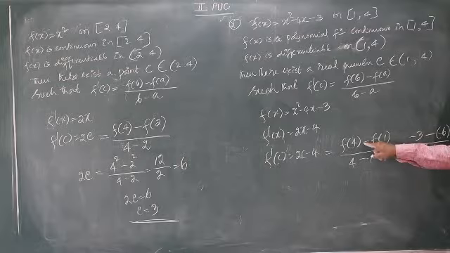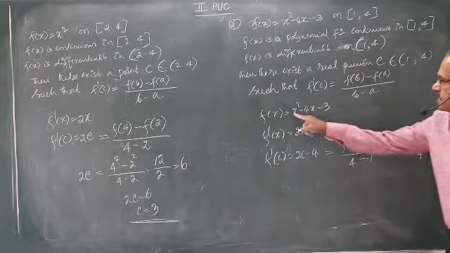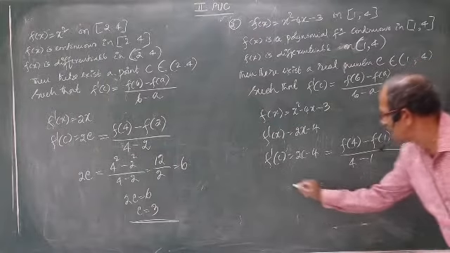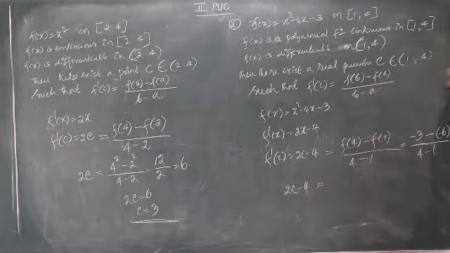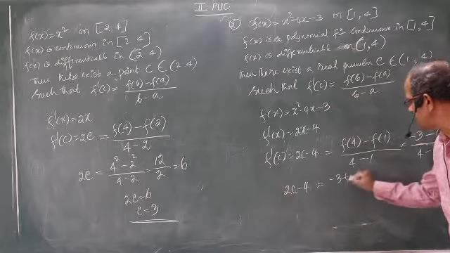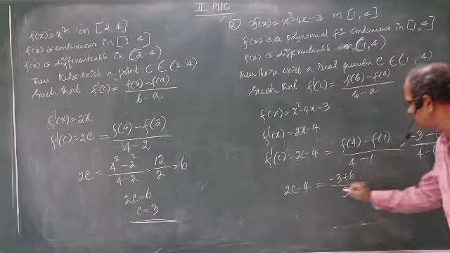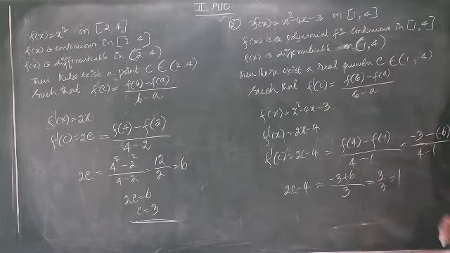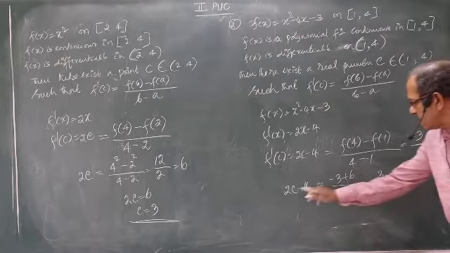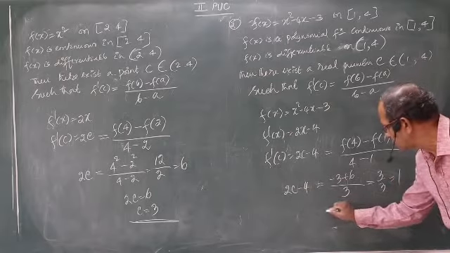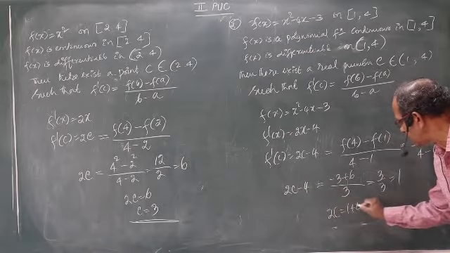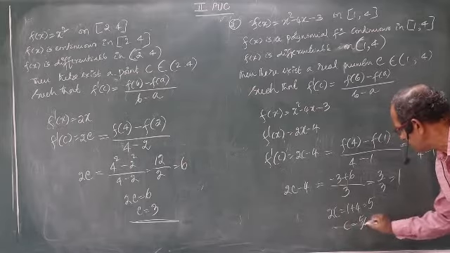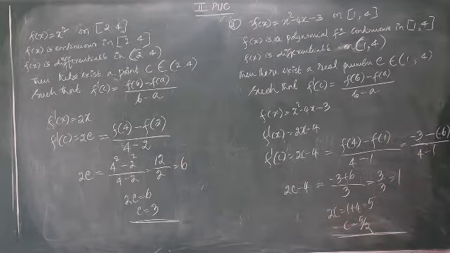Minus this minus, f of 1 is once again minus, remember. So total it is like this: 2c minus 4 equal to minus 3 plus 6 divided by 3, or 3 by 3, 1. 2c minus 4 equal to 1. 2c equal to 1 plus 4, or 5. Finally, c equal to 5 by 2.